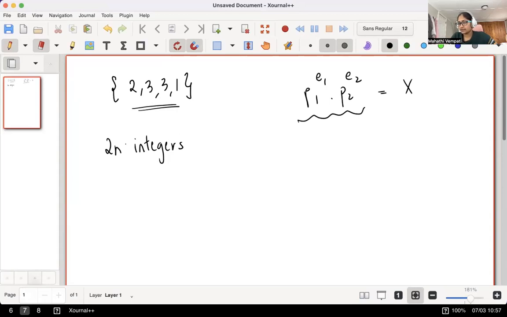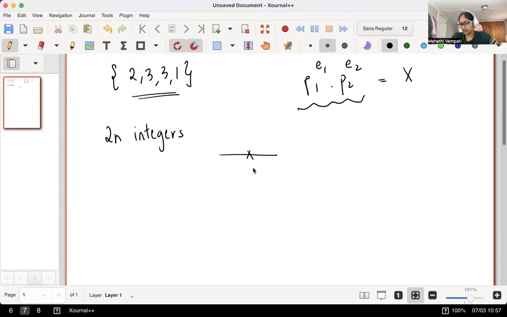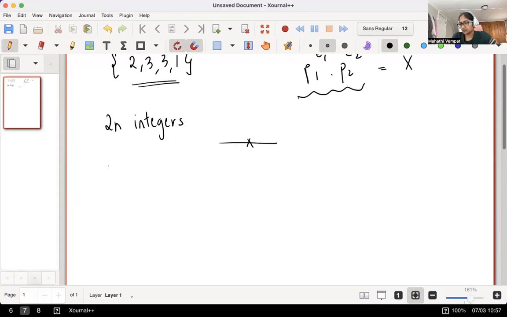The idea I was thinking about last time was, say integer x1 occurs k1 times, x2 occurs k2 times, and so on.